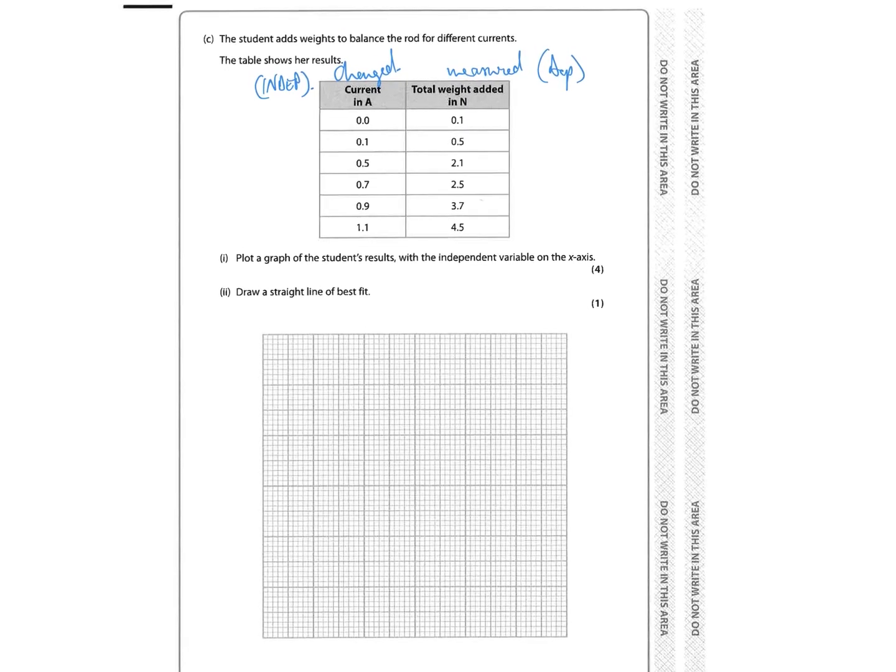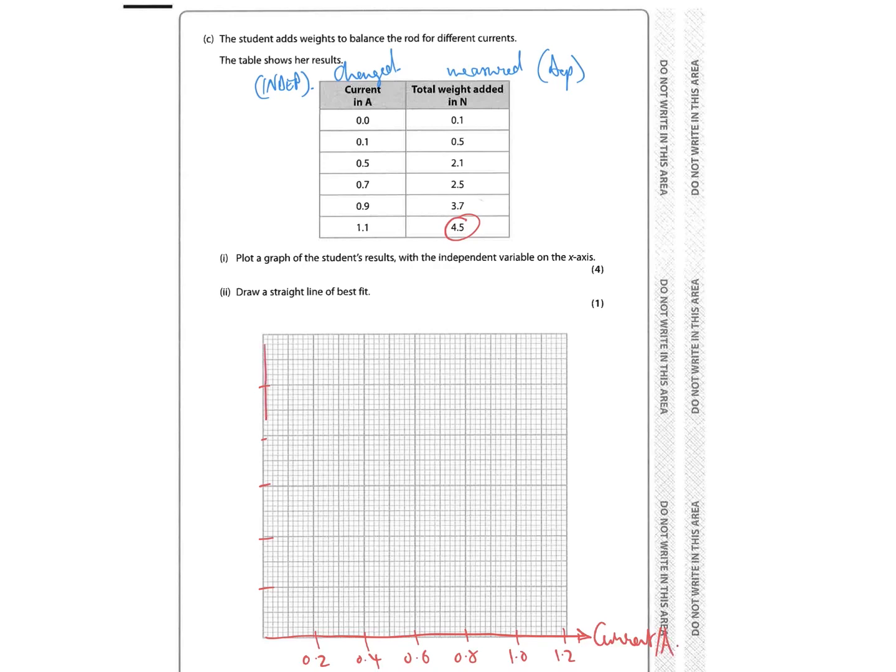So I'm just going to plot this very quickly. I have 1, 2, 3, 4, 5 points there, and I need to move to something like 4.5, let's say 5, vertically, and I need to move to at least 1.2, so let's take 0.2, 0.4, 0.6, 0.8, 1.0, and 1.2, and that axis is going to be the current in amps.